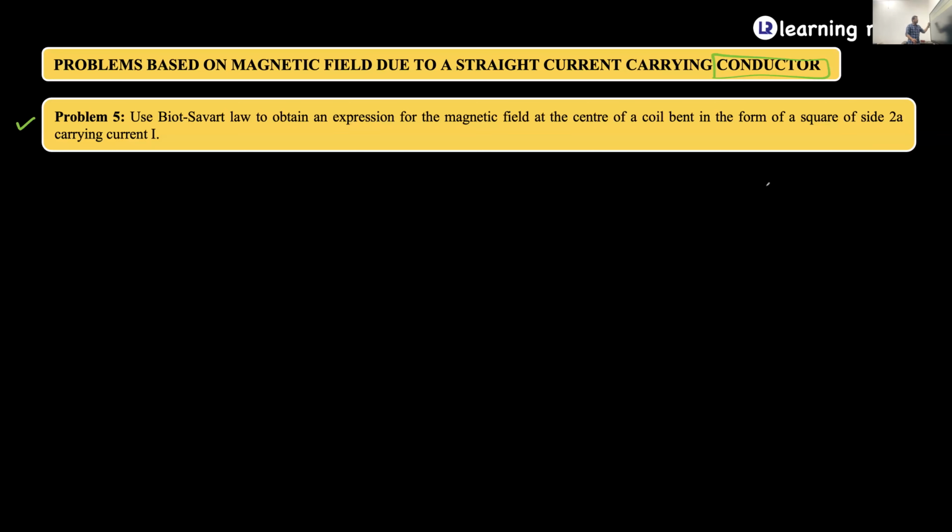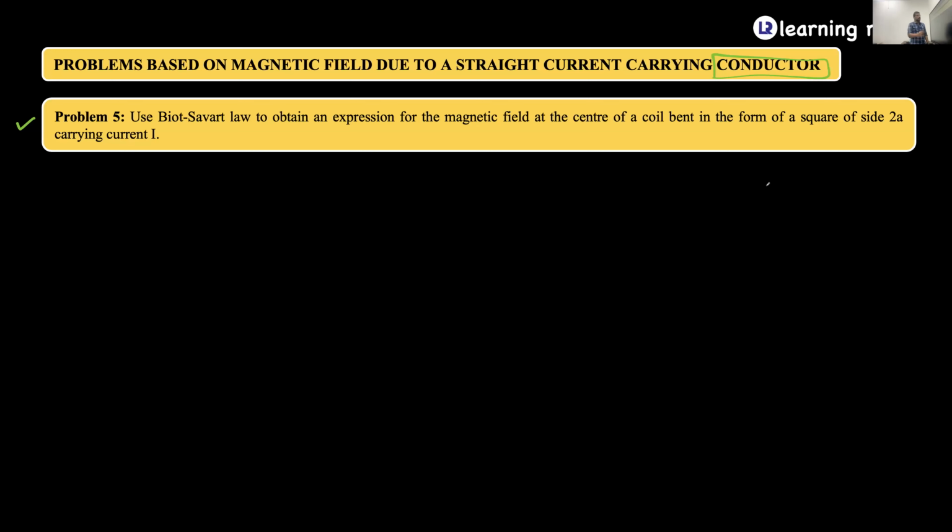Okay, I didn't do it perfectly, but I hope you understand what I'm trying to convey. So it is going to be a rectangular shape. Still it is called a coil only. In a similar context, what they are trying to tell in this problem is, there is a wire which is bent in the form of a square. Though they use the word coil here, it is still a loop only.